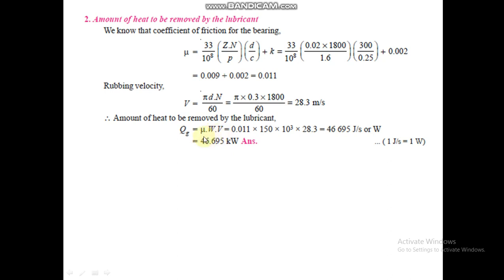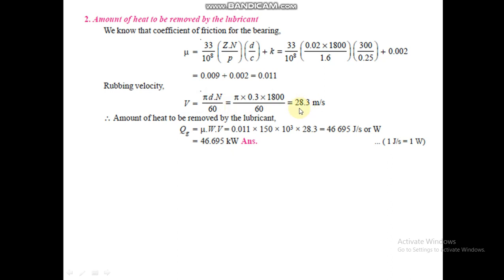So first you have to find mu, the coefficient of friction, and its formula is this. Put the values of Z 0.02, N RPM, P pressure, D diameter, C clearance, and K is the leakage factor, which is always 0.002. Find mu, that is 0.011. Then you have to find velocity, pi D N upon 60.